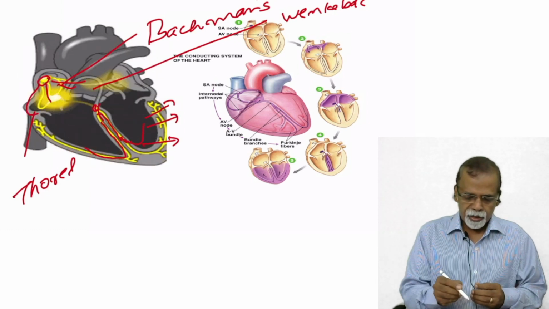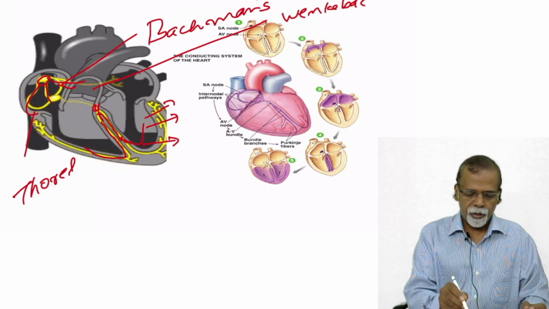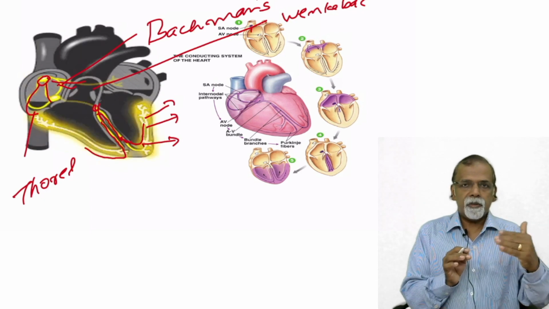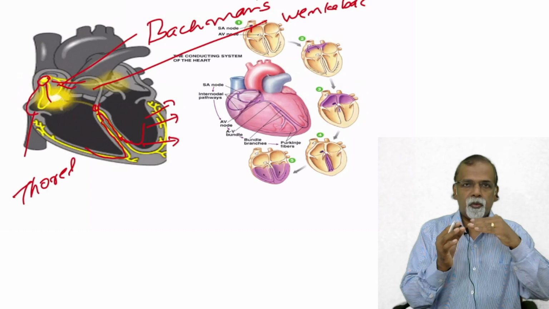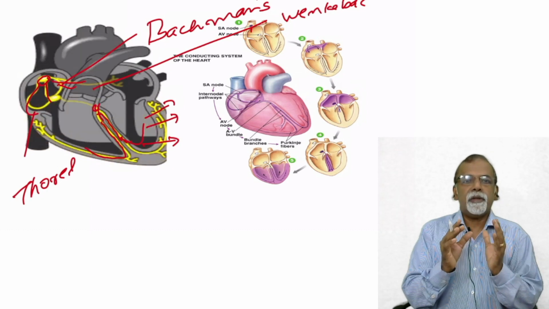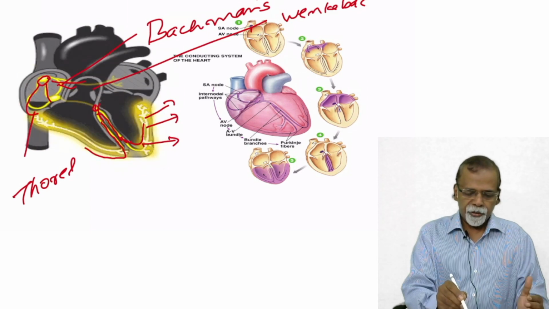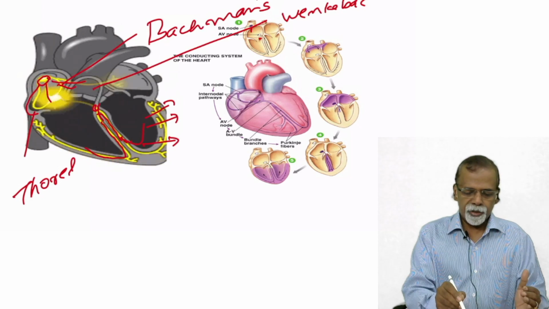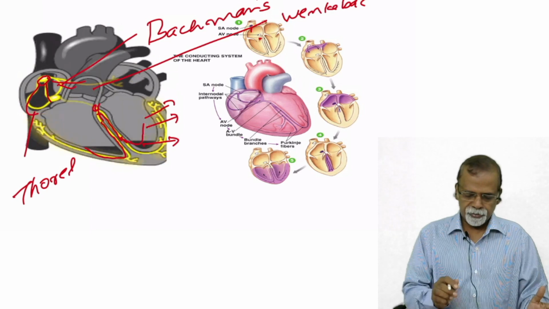And you can see the various aspects in this picture. Again, you can see this is the SA node. The SA node is situated on the superior part, on the outer surface, towards the epicardium, at the junction of the superior vena cava and the right atrium. And here you can see the AV node, the bundle of His, its branches and the divisions.